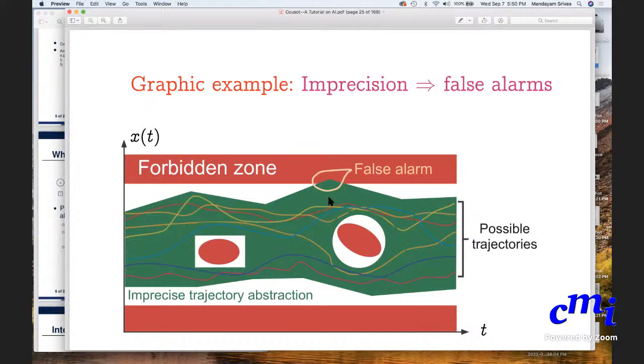But it is too coarse, in the sense that it includes certain behaviors which are not legally possible behaviors of a program, but end up violating the property that you're trying to prove. In that case, such a coarse over approximation can give you false alarms, okay? That is an occupational hazard of a verification technique that uses too coarse an over approximation.